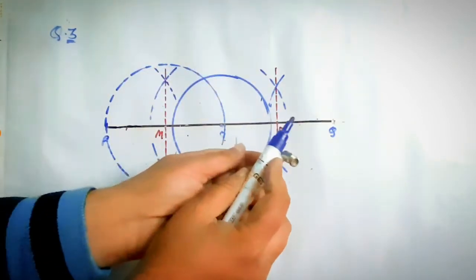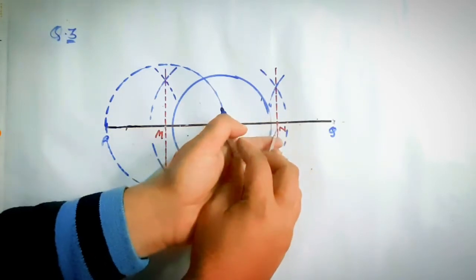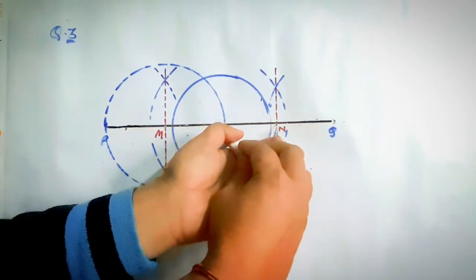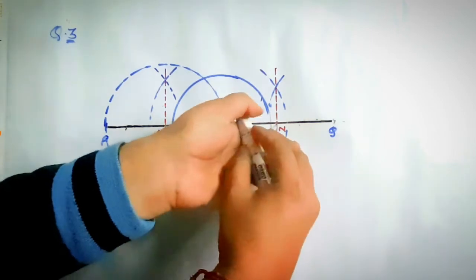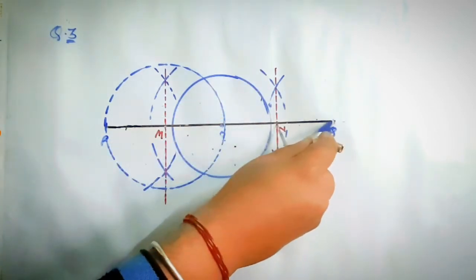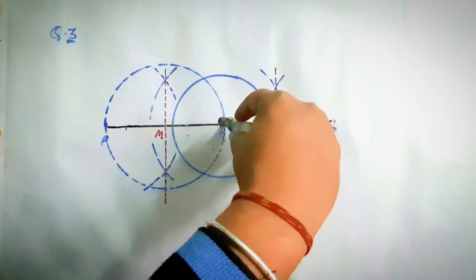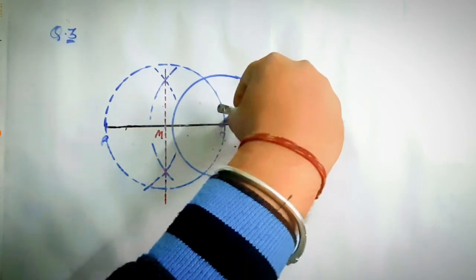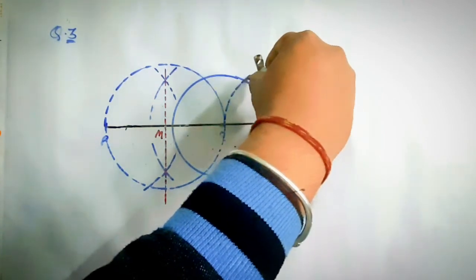Then same, open either equals to NO or equals to NQ, and draw another dotted circle.